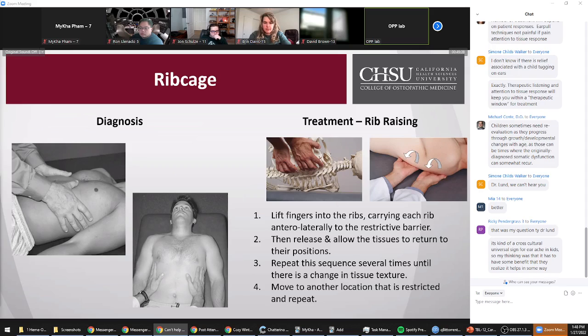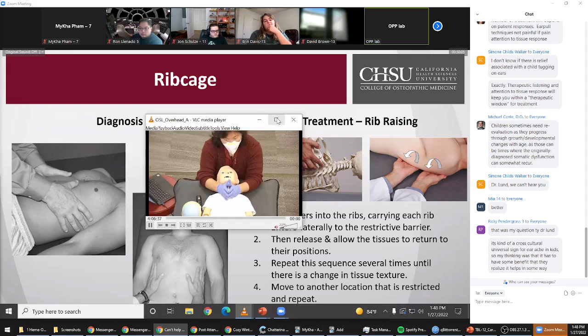You can address the rib cage. Remember, you first have to make a diagnosis. For soft tissue, it's by palpation. For the rib cage, for rib raising, it could be by palpation as well. It could also be a global evaluation of the ribs.